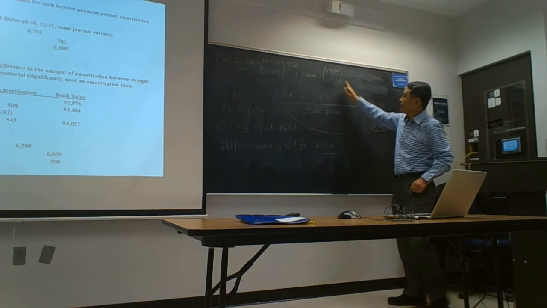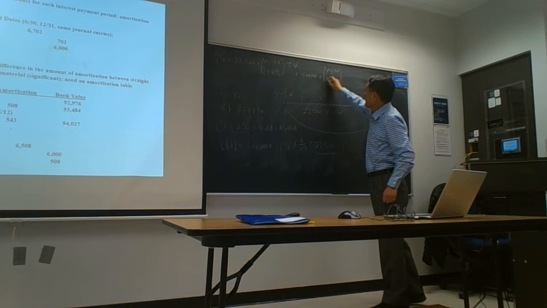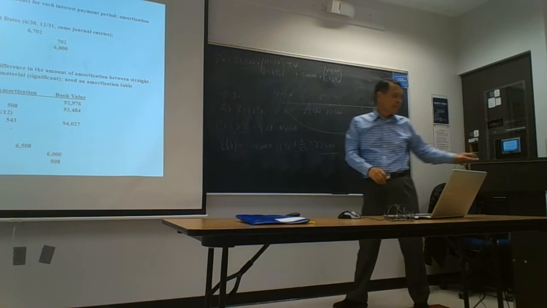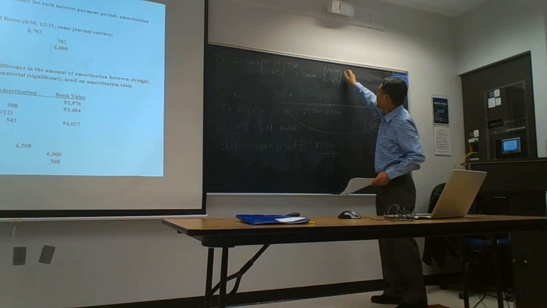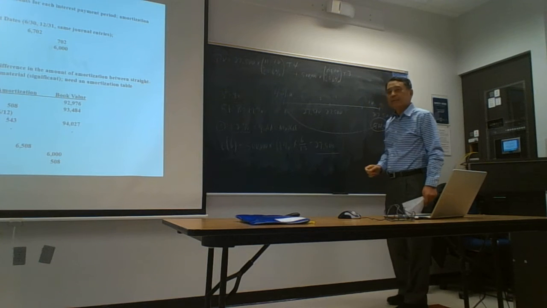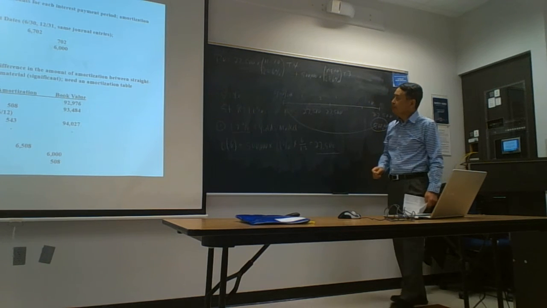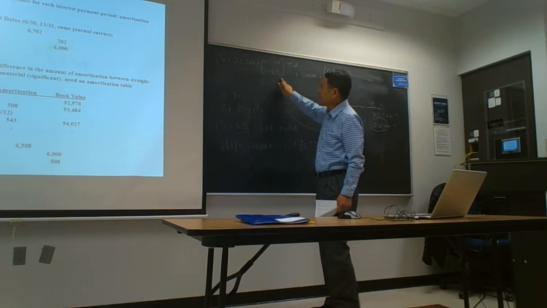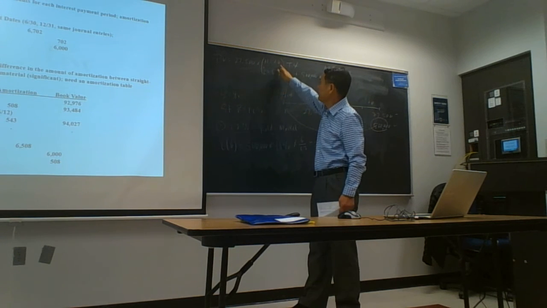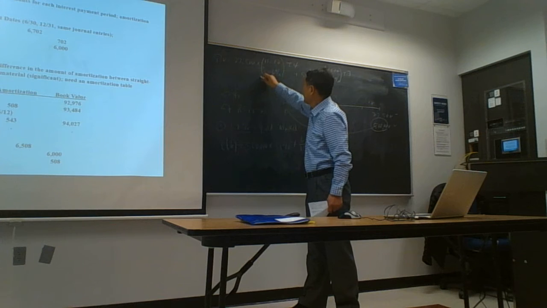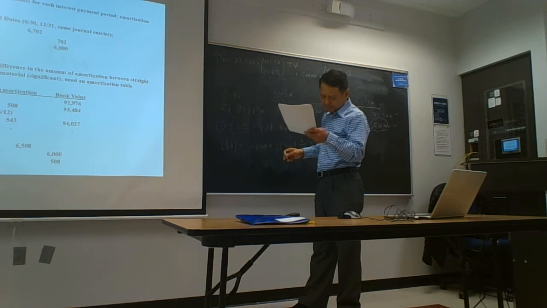So N is also 10, and the same discount rate, 6%, half of the market rate. And this present value is in Table 3. So in Table 4, you have to look at the 6% column and 10 periods.